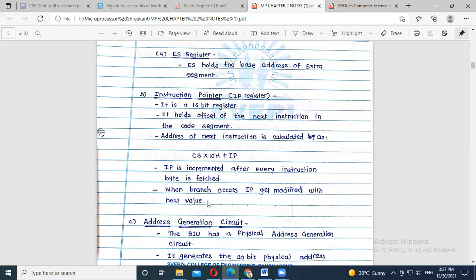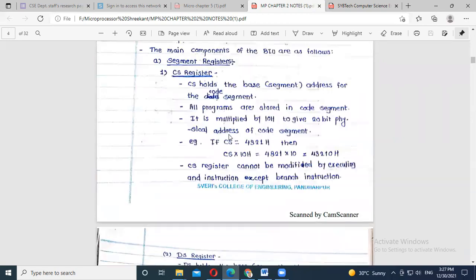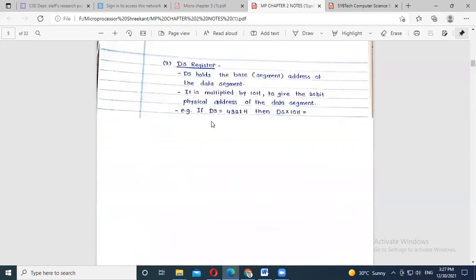It is incremented after every instruction byte is fetched, and when a branch occurs, it is modified and a new value is generated by the instruction pointer. It holds the address for recognizing particular data or information. Okay, so this is all about the bus interface unit.